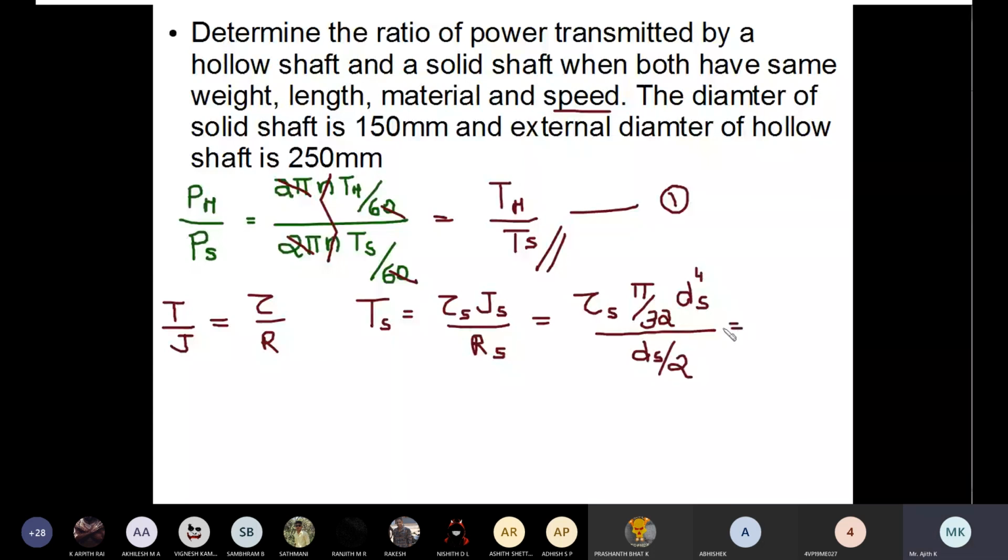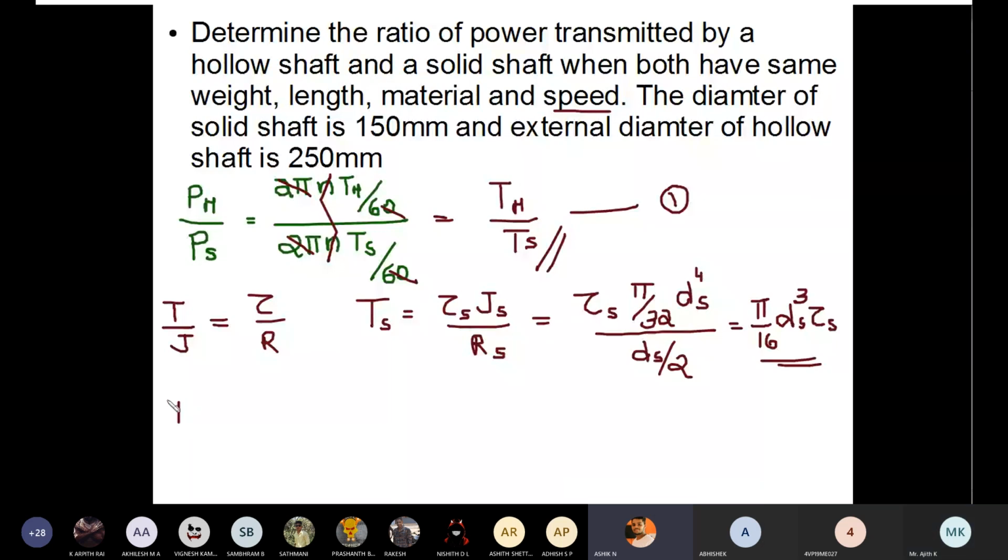Simplify this, it is similar to the previous problem. When you simplify, you will get pi by 16 ds cube into tau for the solid shaft.